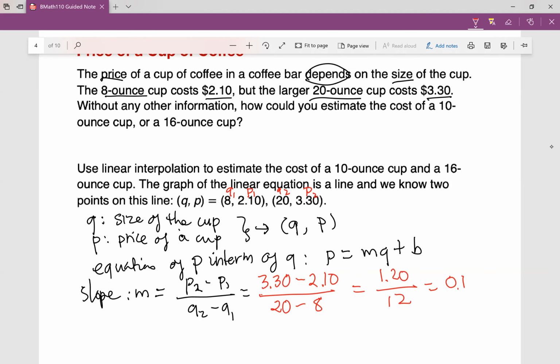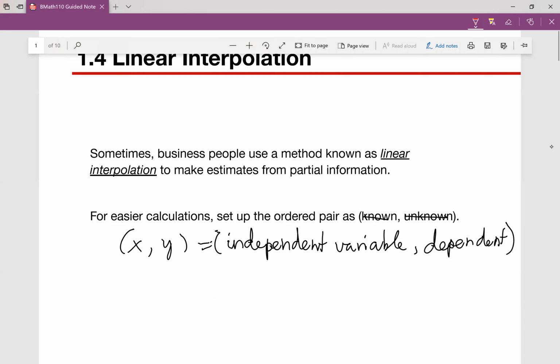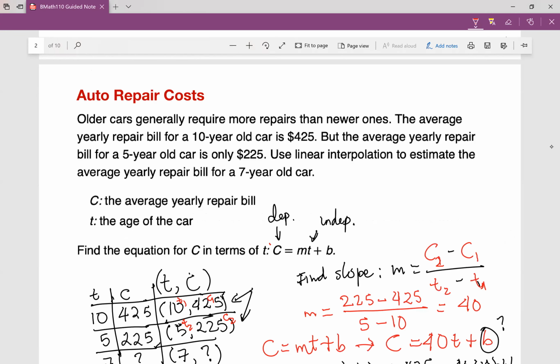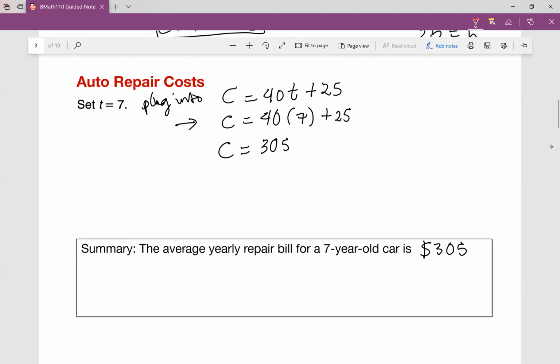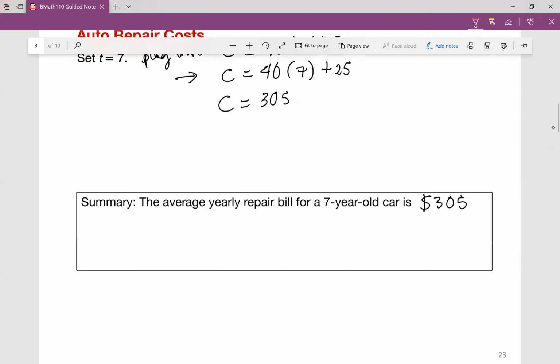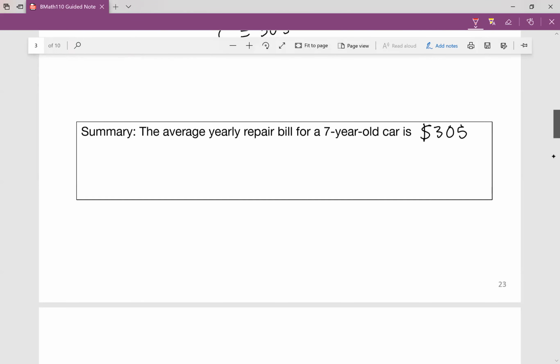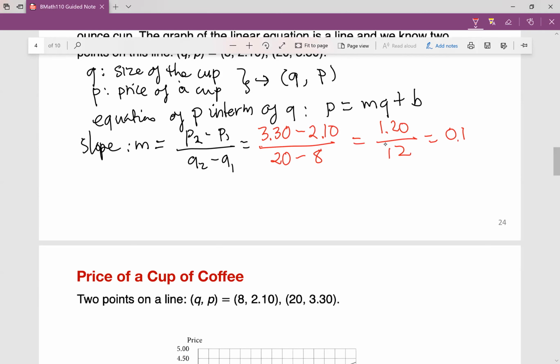Okay, so now I have the slope only. I need to plug in 1 point.